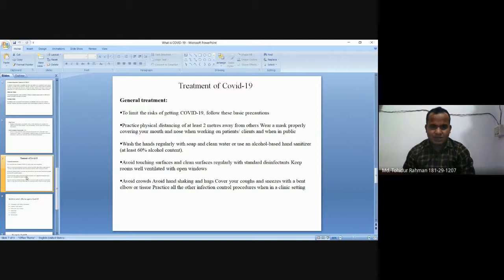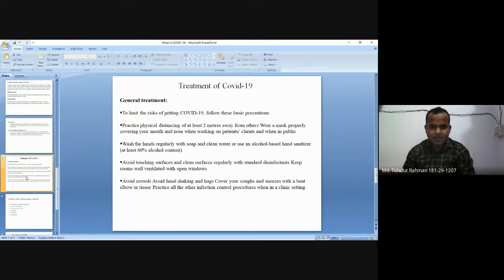Wash your hands regularly with soap and clean water or use an alcohol-based hand sanitizer. Avoid touching surfaces and clean surfaces regularly with a standard disinfectant. Keep rooms well ventilated with open windows.